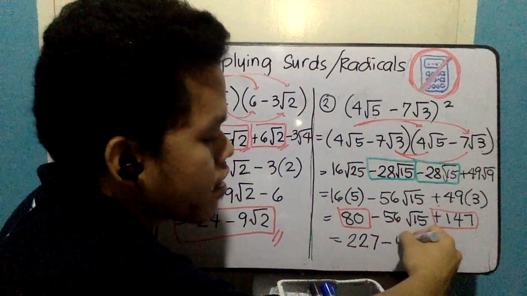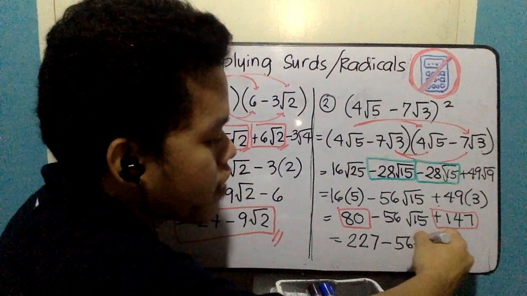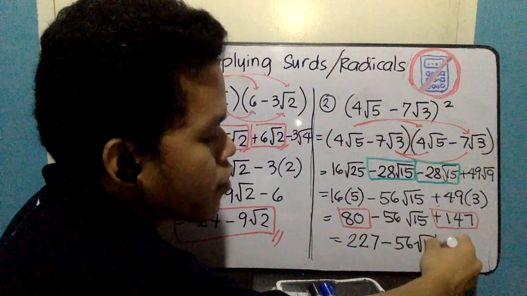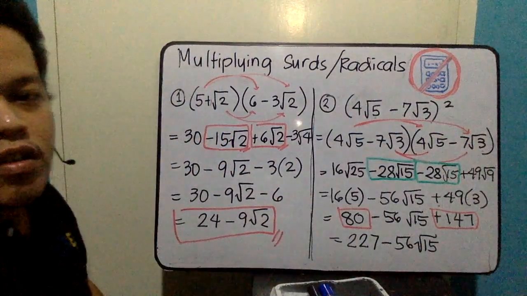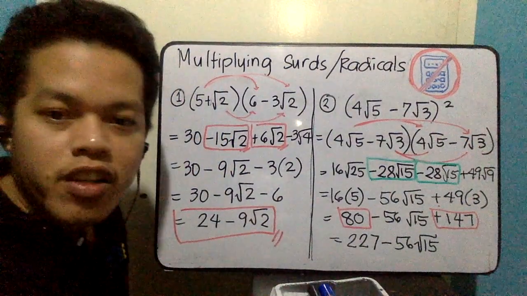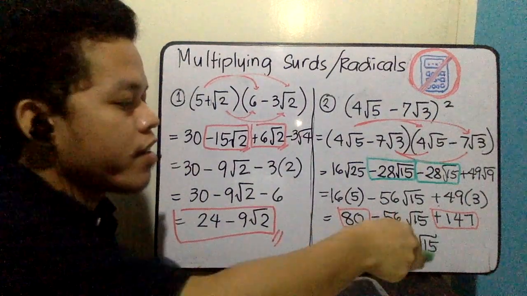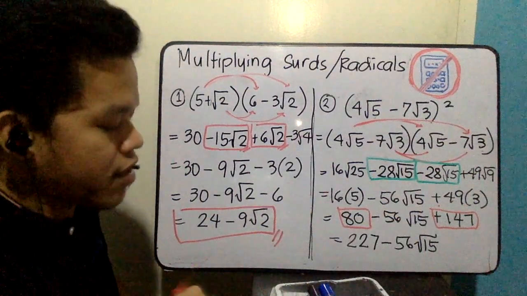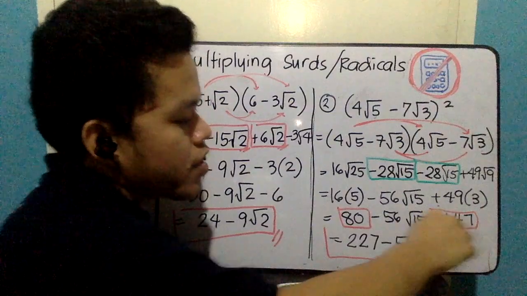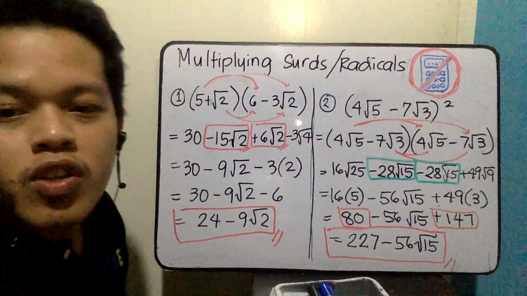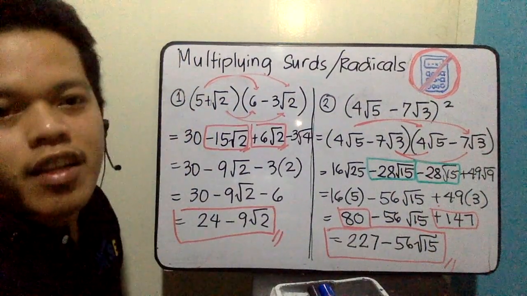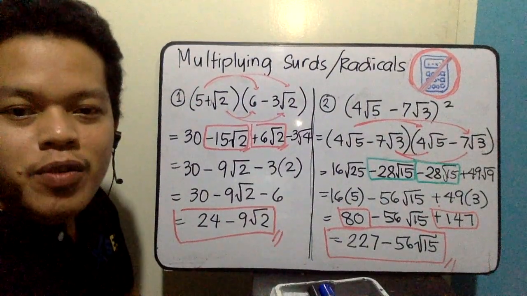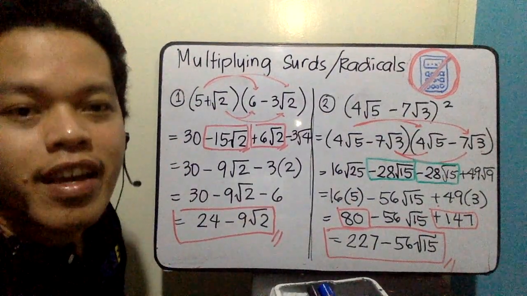Minus, of course, we cannot simplify this 56 square root of 15 any further. So we just have to copy this. Okay, and since you cannot combine constant and the surd, so therefore your final answer is 227 minus 56 square root of 15. Okay, so that's how you expand and multiply surds.